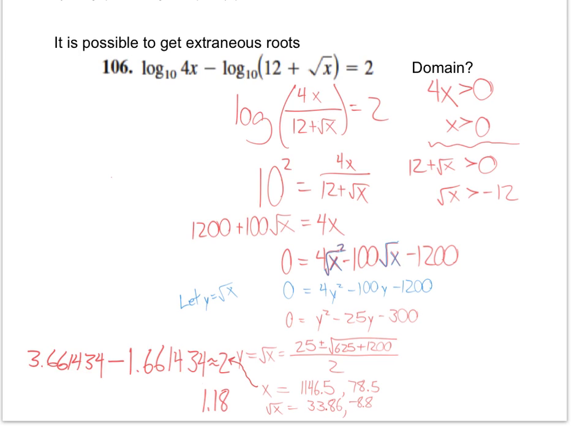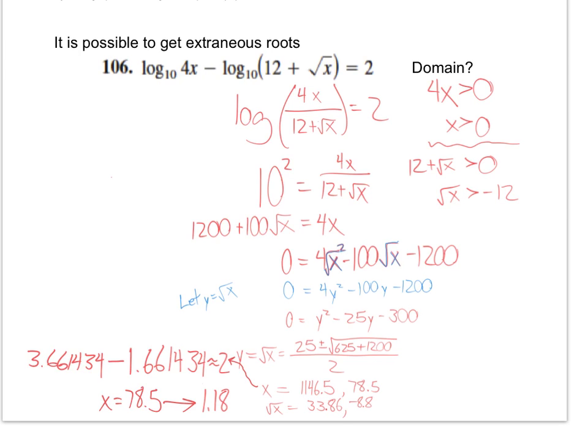But you'll notice here, if I plug in the 1146.5, I get 2. So that actually is the solution to the equation, okay? If you plug in the 78.5, x equals 78.5, you're going to get approximately 1.18, okay? So that obviously did not give us the result we wanted.